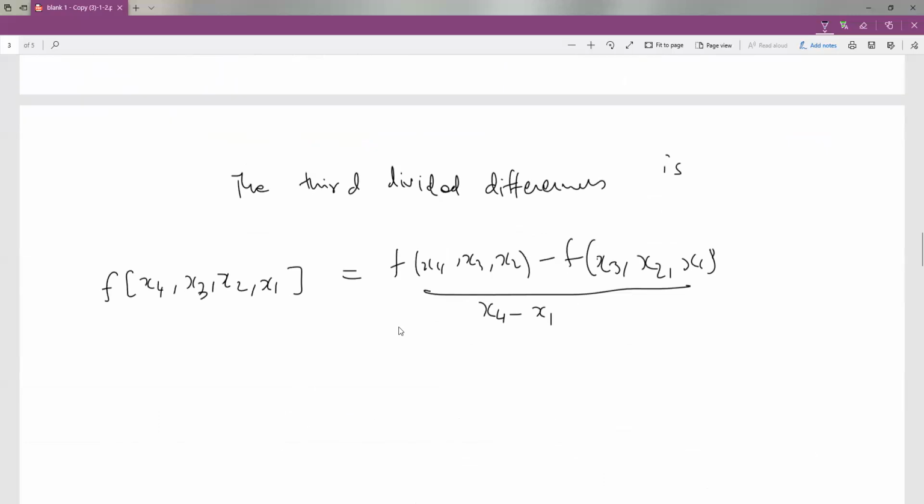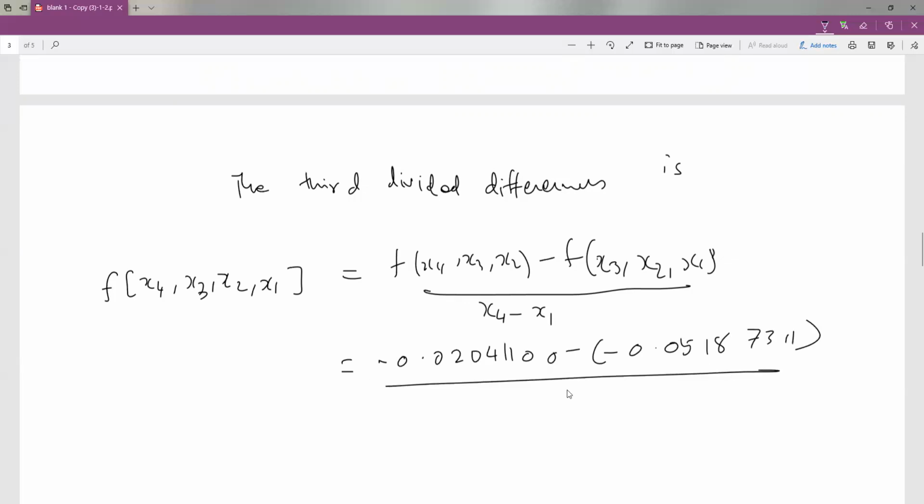So by substituting values, we are getting minus 0.02041100 minus minus 0.05187311 divided by 5 minus 1. It gives you 0.007865529.